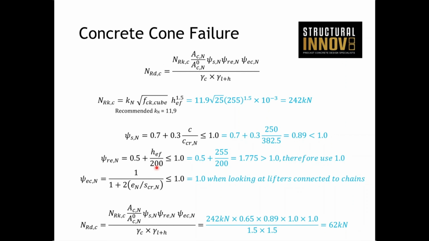These other factors are not that critical in this particular case, so they're just kept as 1. When we bring all our parameters together, with the partial factor for concrete and the partial lifting and handling factor, we go from 242 kilonewtons down to 62 kilonewtons for that instance. We'll hold on to that 62 kilonewtons for now, and we'll bring it all together at the end in the summary table.